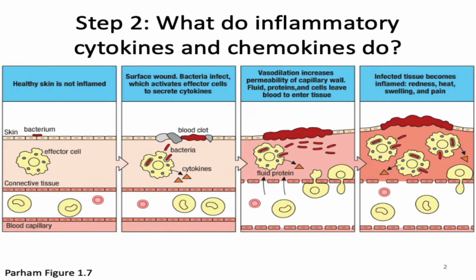You can also see that the title of this slide I have listed as what do inflammatory cytokines and chemokines do? And so I just want to define the term chemokine, just like I defined the term cytokine, because some of the slides I have mention chemokine, some do not.